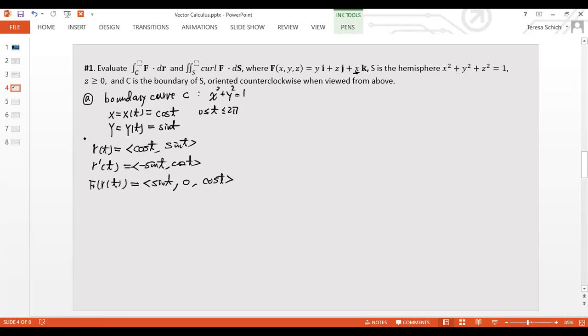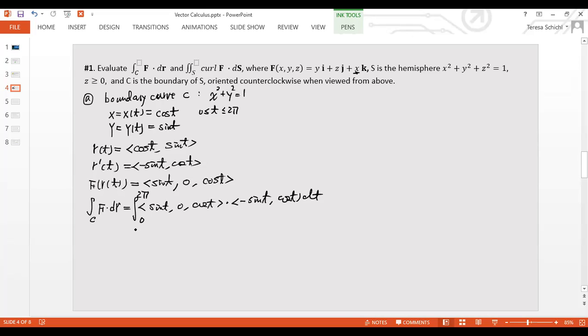Then based on our line integral, it's F dot dr, correct? So now I change everything to a single variable t. This will be sine t, 0, cosine t dot r prime, which is negative sine t, cosine t, dt. And t is from 0 to 2 pi.